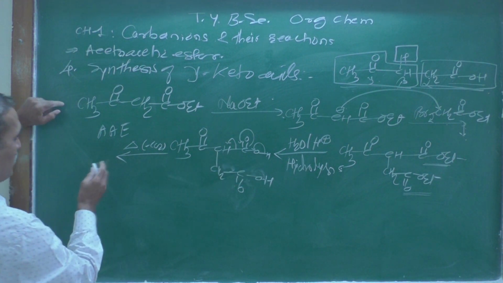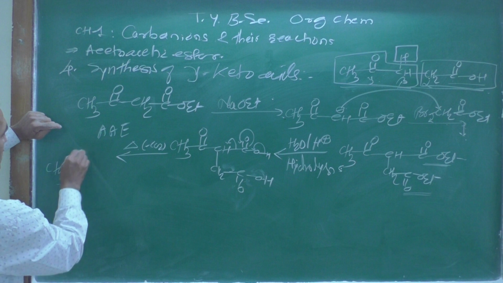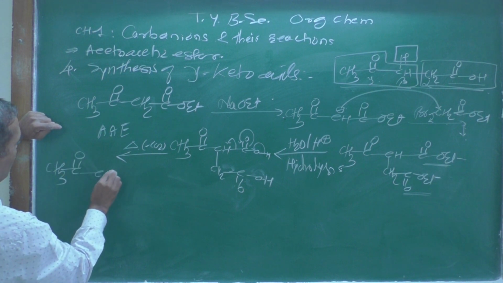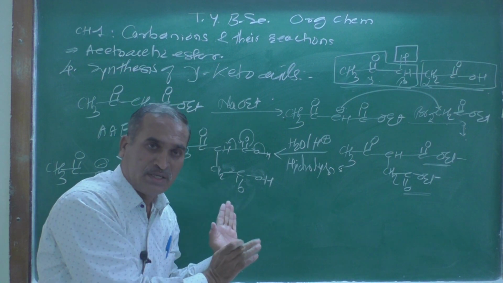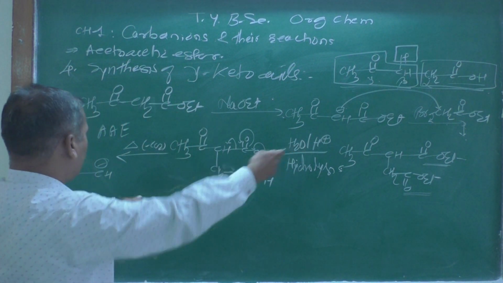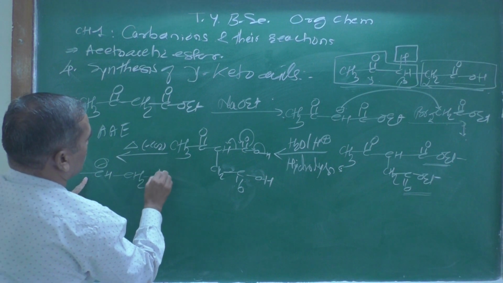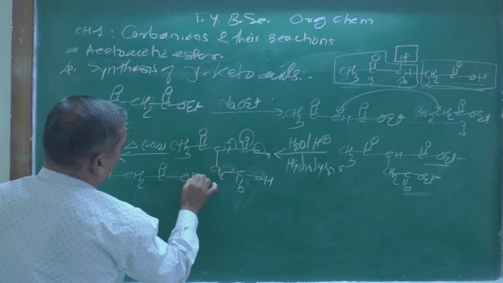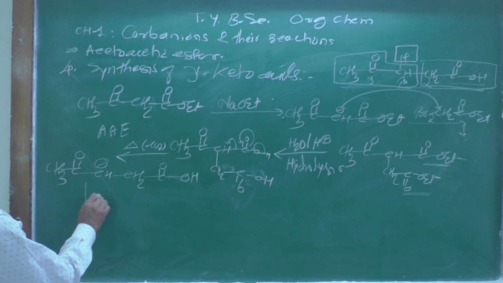Now what is going to happen? Let us see over there. Here CH3 C double bond O, now CH minus. Now I am writing this branching group in a straight chain, so that you can get CH2, then C double bond O and OH, right? And now next step will be the protonation.